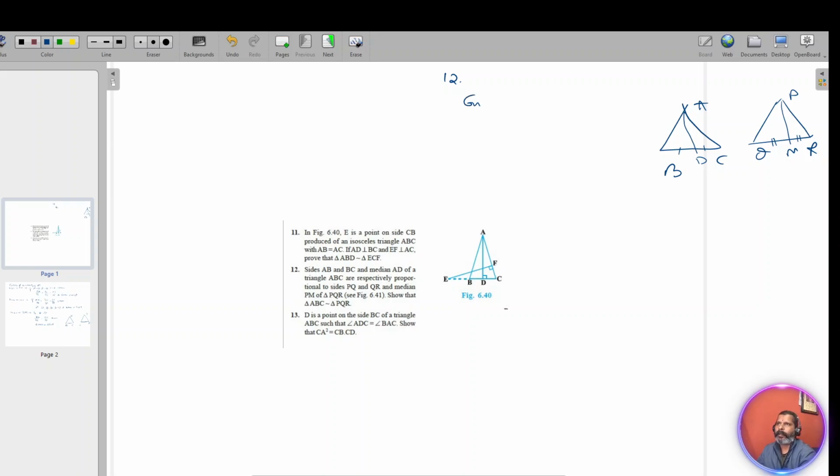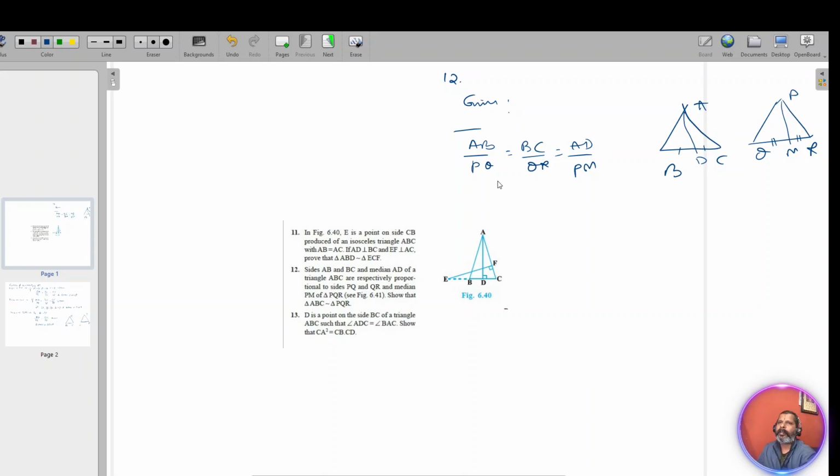We'll write that. What is given? AB by PQ, BC by QR, AD by PM. If you observe the question, you will get this ratio: AB, BC, AD are proportional to PQ, QR, PM. This is given.